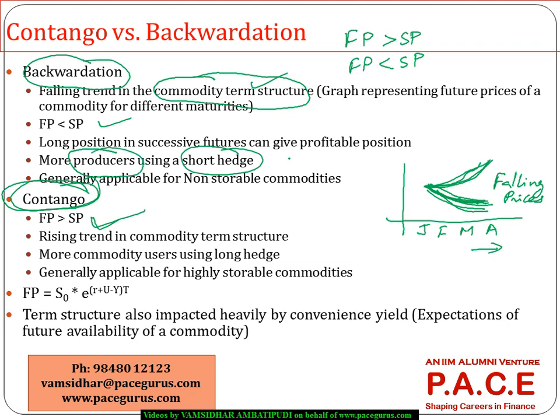When the market is dominated by more producers willing to protect themselves against falling prices, it indicates that in the future, if the buyers have to be compensated for taking the risk, their prices should be much lesser compared to the existing spot price. So what we see is a kind of backwardation or a falling trend in the price.